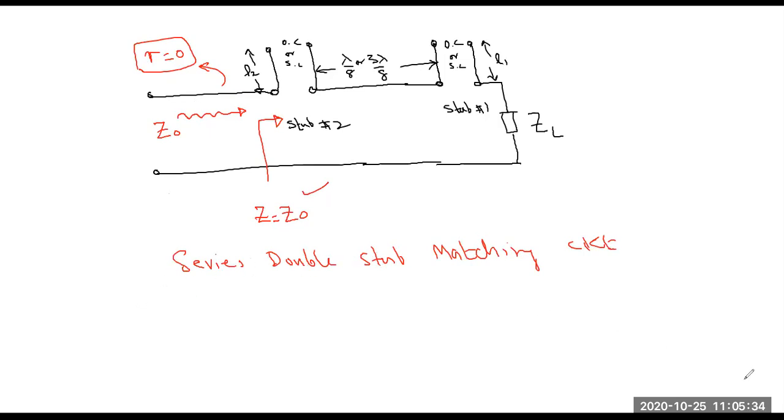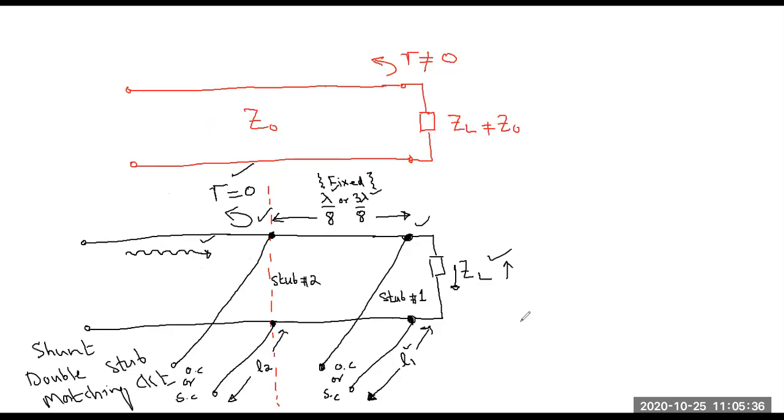If you look at the two possible double stub matching circuits, you can clearly see that there are two design parameters that, as a microwave engineer, you will find out, that is L1 and L2, because this distance is fixed. So we don't need to do any calculation for the distance. All we need to do is find out, for a given load, what should be L1 and what should be L2 so that we get this condition.